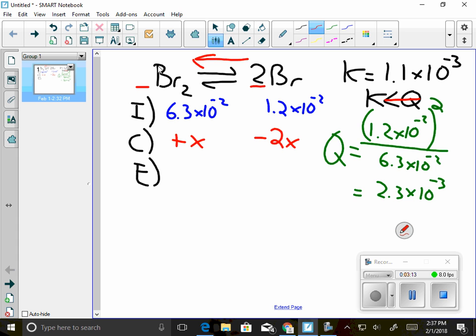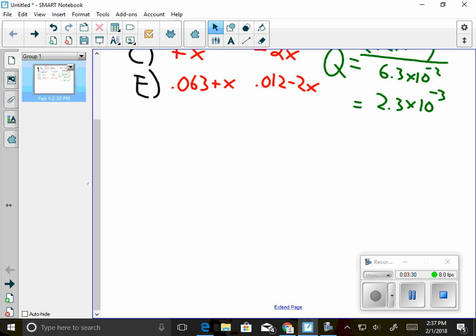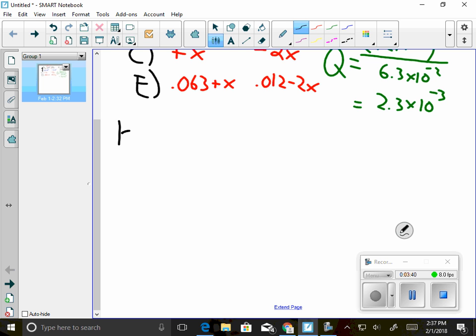Therefore, at equilibrium, I have, and I'm just going to write this out as scientific notation, 0.063 plus x and 0.012 minus 2x. In order to solve for x, I'm going to set up my K equals Br squared over Br2.